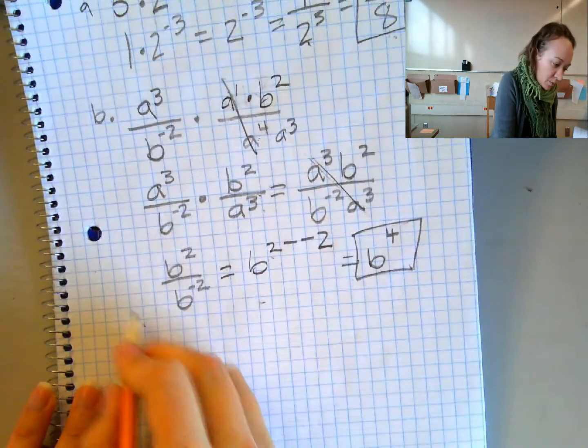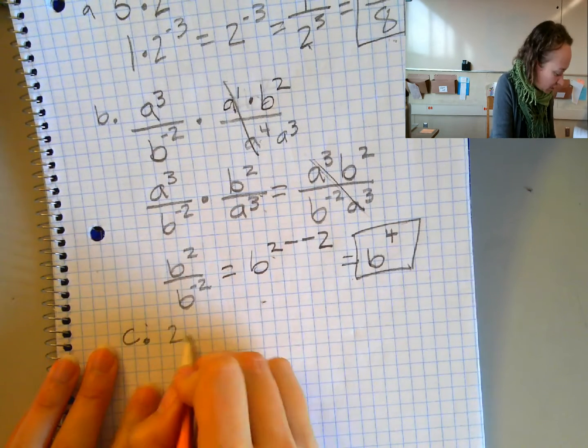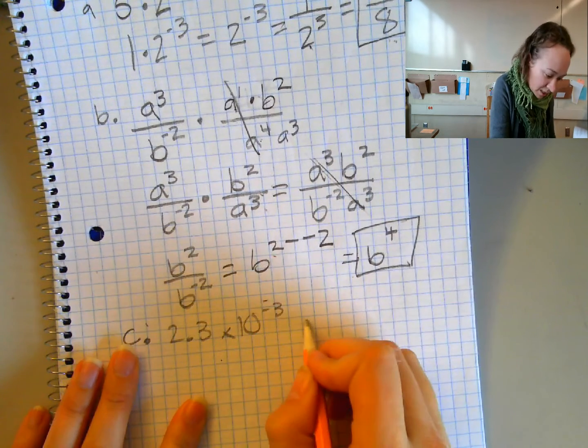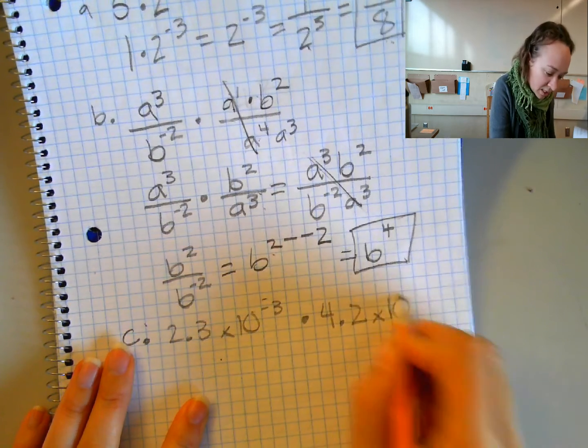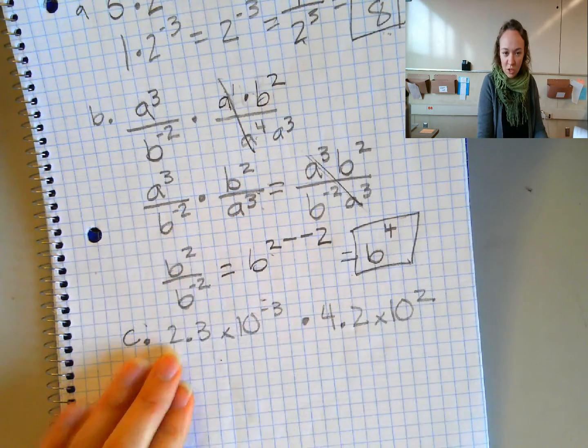And C, we have 2.3 times 10 to the negative 3, and then that's times 4.2 times 10 squared. The first thing I need to do is 2.3 times 4.2.